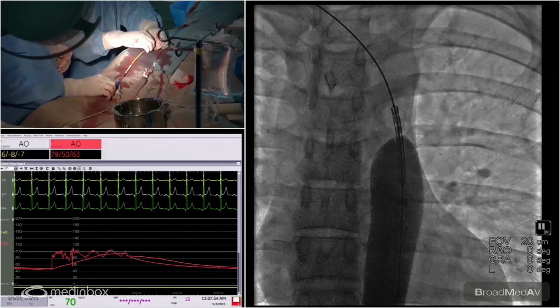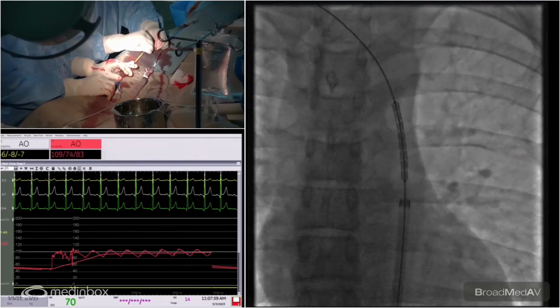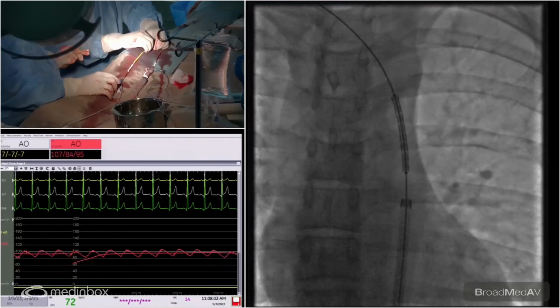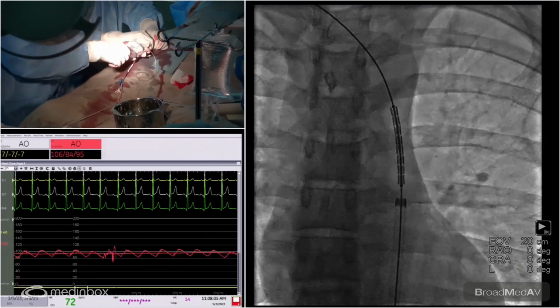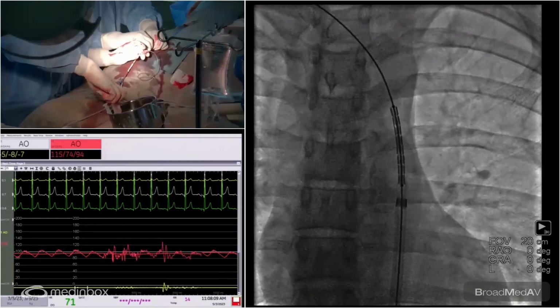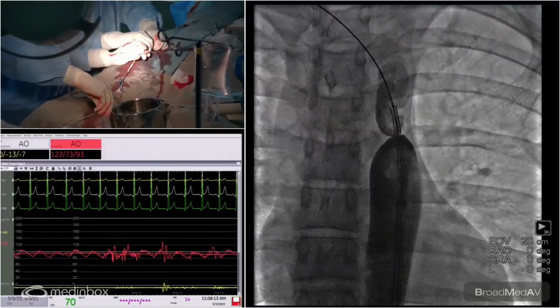I think we probably can go a little inside, right? Yes. So push the stent inside. That should be good enough. Let me make another one more last angiogram. So this is 10 ml of saline.